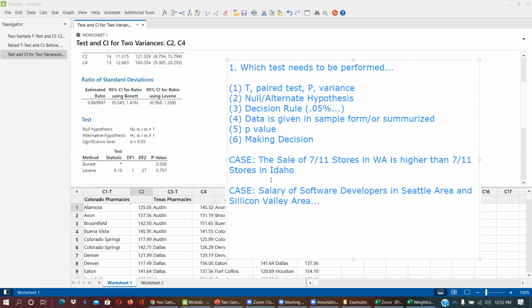So basically, you are not going to compare someone who has 40 years of experience with someone who has 10 years of experience. Basically, you are going to do a random sampling of software developers in Silicon Valley and in the Seattle area, and then you are going to check. And then you can also conclude who has the higher salary and who has the lower salary. So this is what you can do using two-sample hypothesis testing. Okay. So similarly, t-test, similarly p-test.